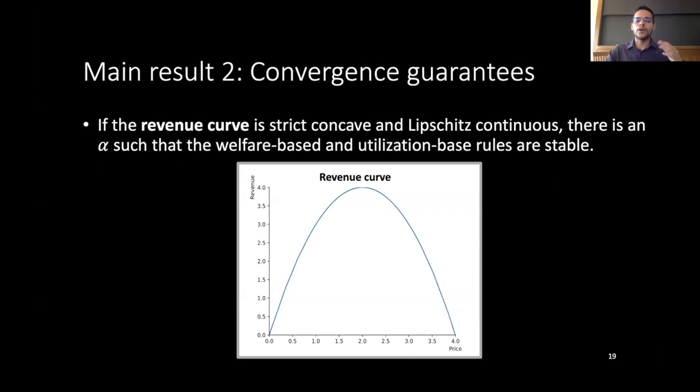I'm not going to define specifically what those conditions are, but for example, for the welfare-based and the utilization-based pricing rules, the condition is similar to saying that if the revenue curve of our mechanism is strictly concave and Lipschitz, then we can show that there is an alpha that we could set on the pricing rule so that these pricing update rules would converge to a stable equilibrium. And we can now borrow from the prior result that once it converges, it's also going to converge to a posted price that's approximately optimal.